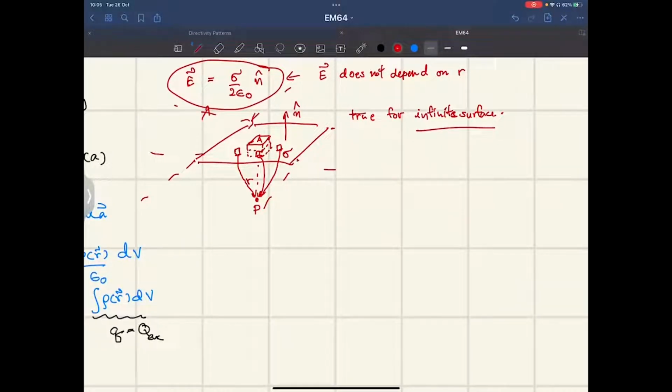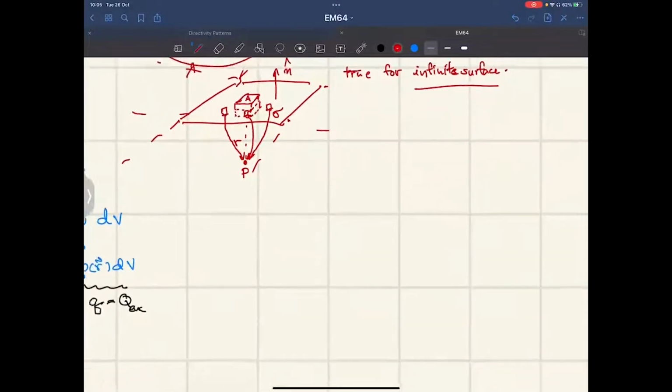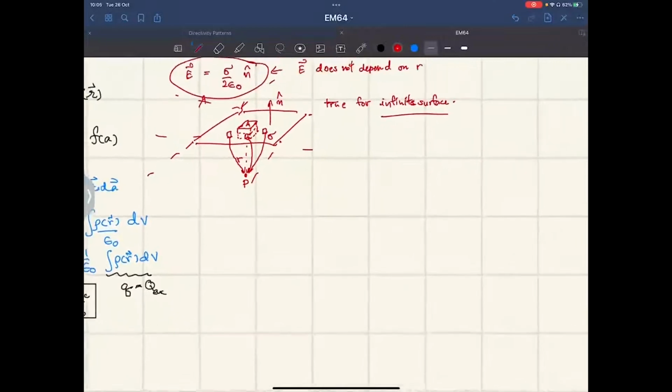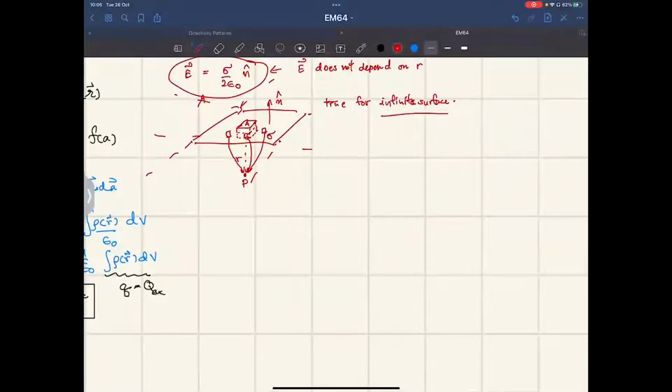It's a really broad, very wide surface. This is the condition. If your surface is not an infinite surface, what I just said is not true. Now we're going to try another example using this concept.